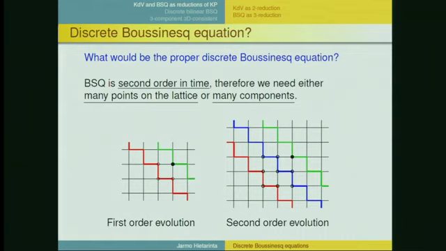But now, if you have a second order equation, then you need two sets of initial values, and then using these you can calculate the next level. Or you can still stay in this framework, but then you need several components. One is the field, and one is its derivative, so you carry them along. So the discretization is a little bit more complicated.